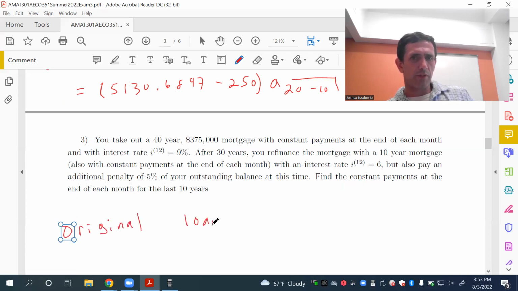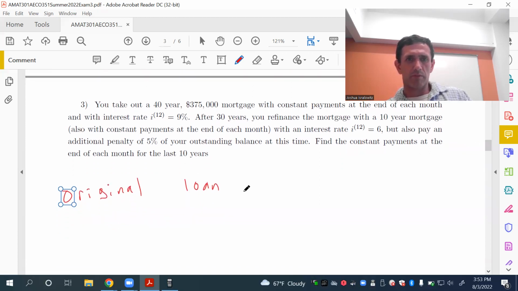So if you learn anything from this exam, always actually check if it's useful to refinance. Just because you have a lower interest rate, it might not be worth your while to go through the hoops to actually refinance. I mean, this is probably in this situation still worth it, but it might not be in other situations.